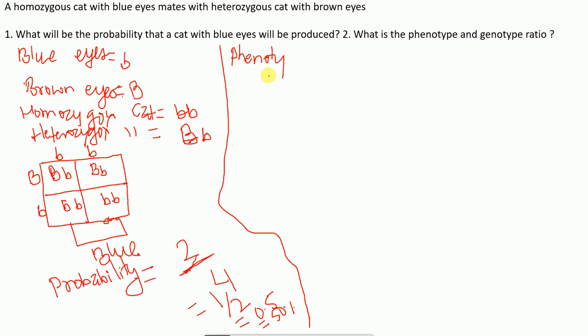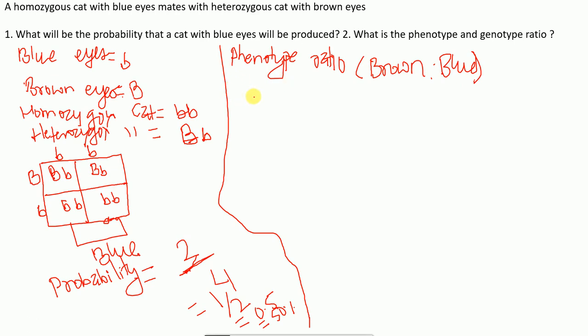Phenotype ratio refers to the ratio of cats with brown eyes to blue eyes, right? Phenotype ratio refers to that. So brown to blue eyes.